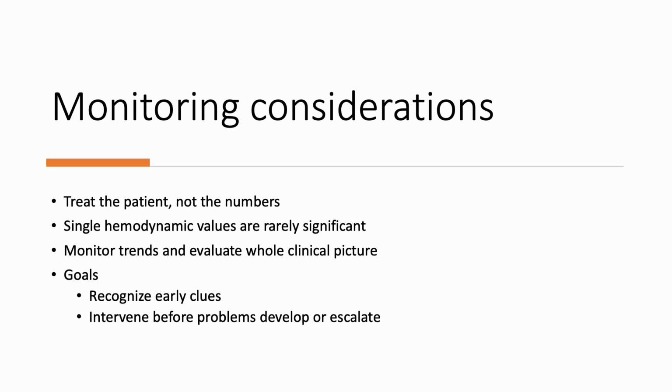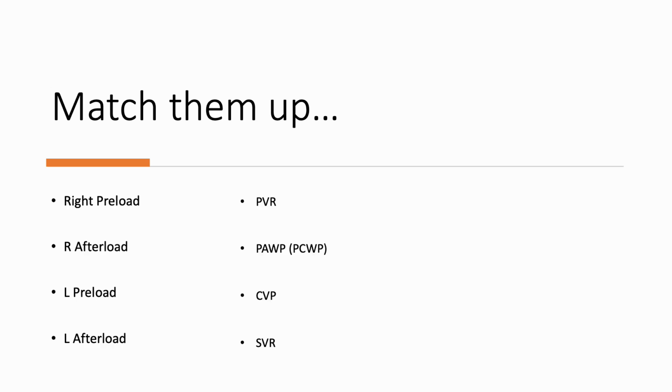Your goal is to recognize early warning signs and intervene early to prevent problems from developing or escalating. These principles emphasize the importance of clinical judgment and holistic patient assessment in critical care. So take a minute and do this on your own. Pause the video.